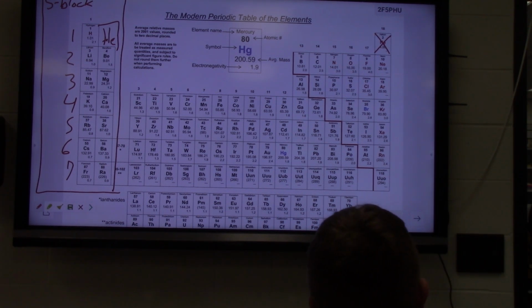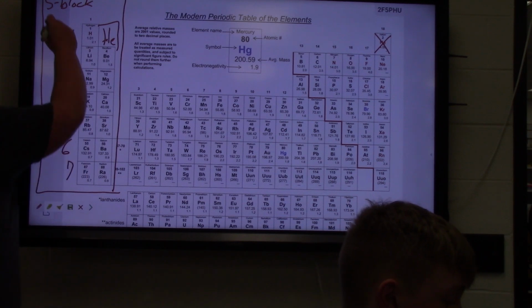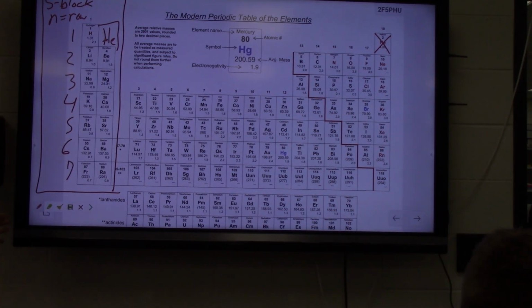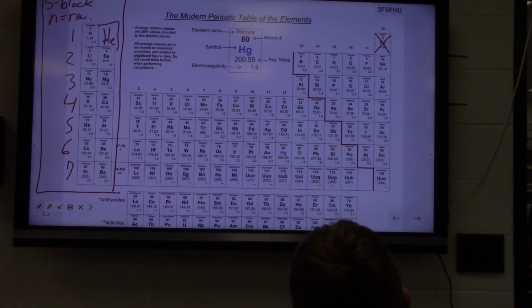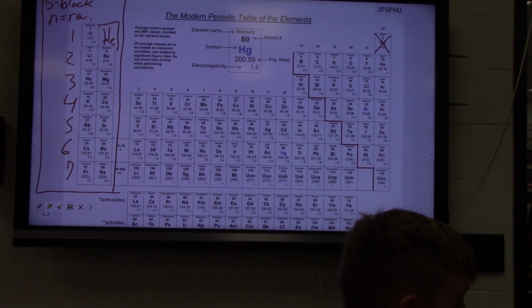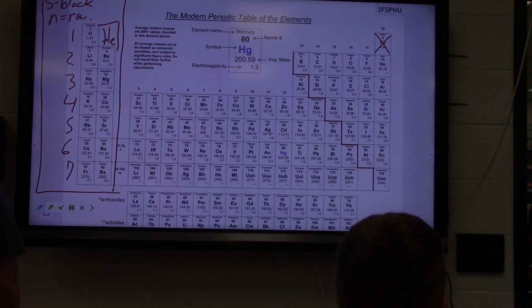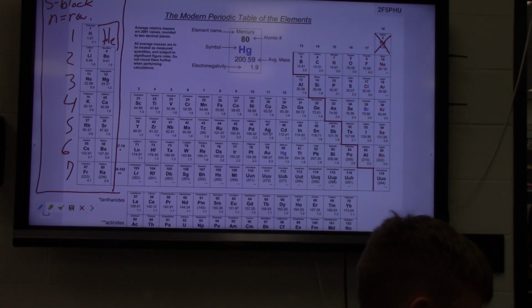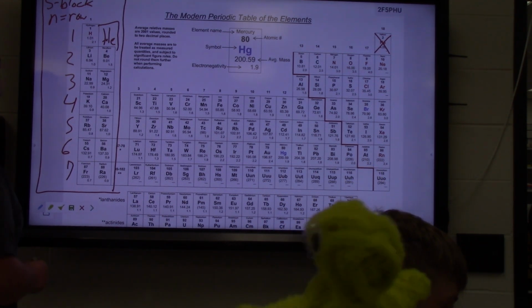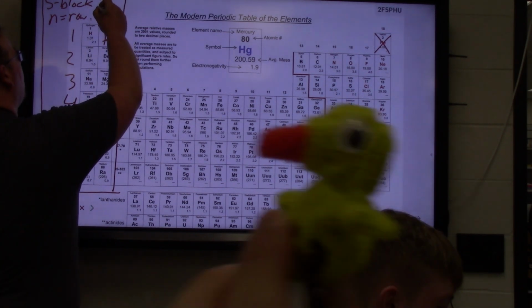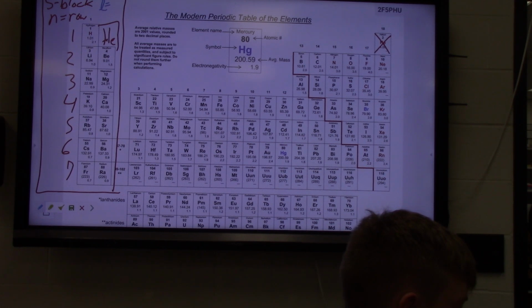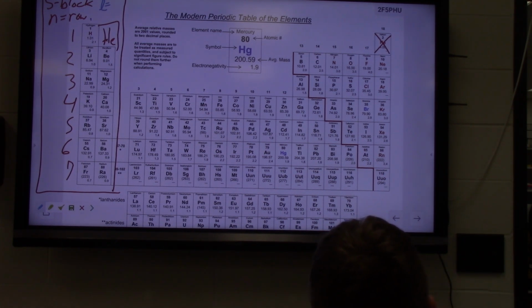When you look at S block, the rule for S block is n is equal to the row. So the principal quantum number, n, equals the row. From here we get l. Since we're in S block, l is 0.